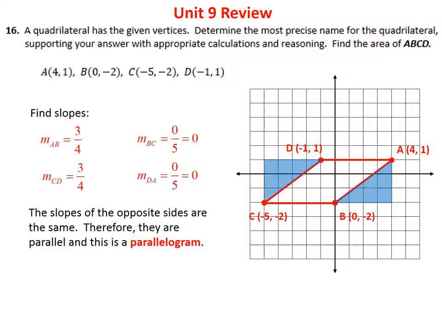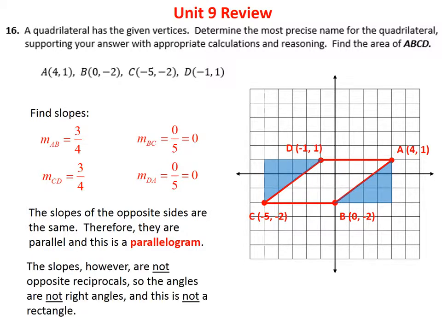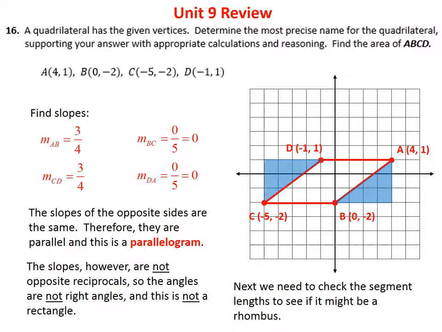But we need to check the side lengths just to make sure it's not a rhombus. One last thing: if you multiply the two slopes together, 0 times 3 over 4, they're not opposite reciprocals, and when you multiply them, you don't get negative 1. So we recognize it's not a right angle, so this is not a rectangle.